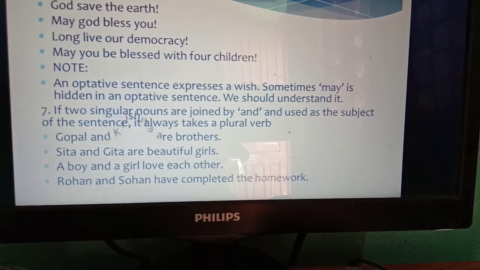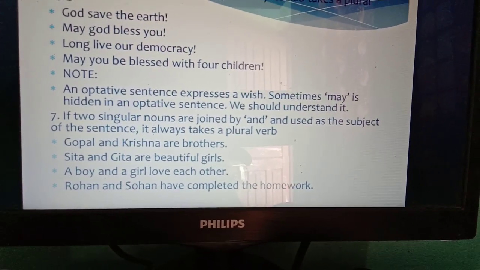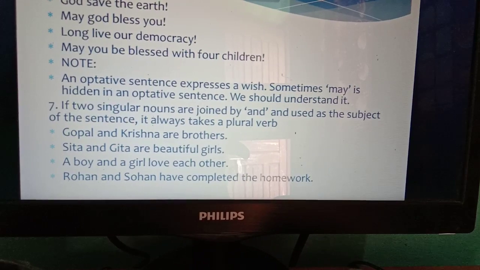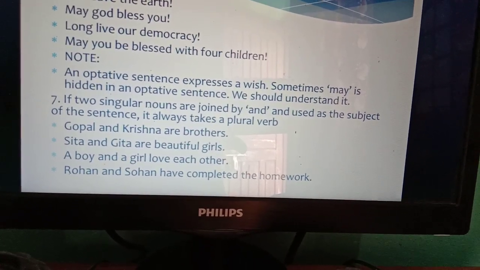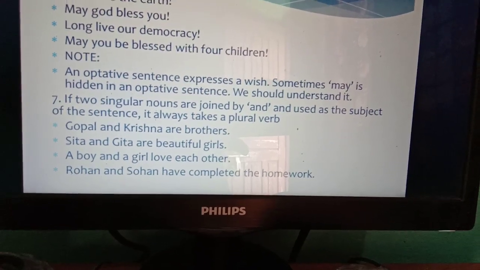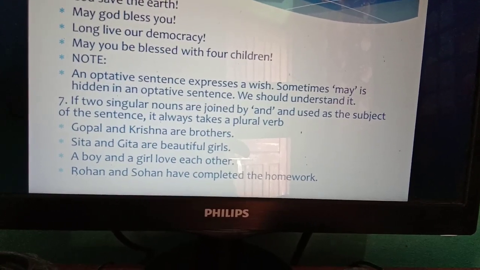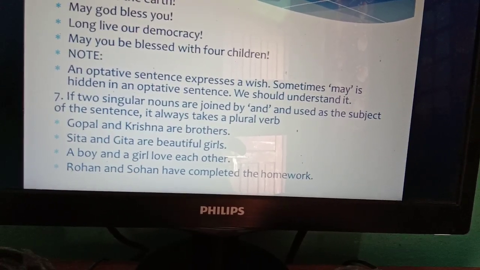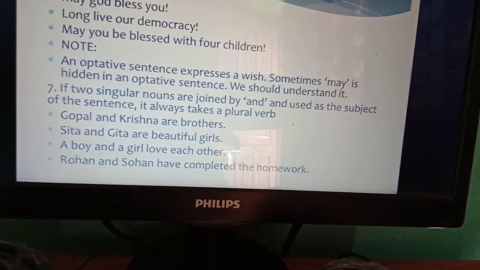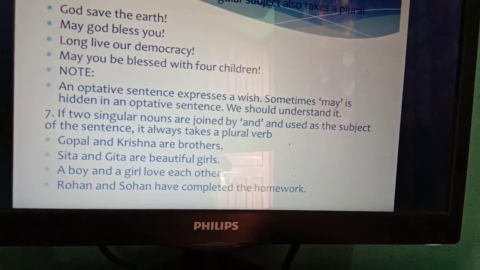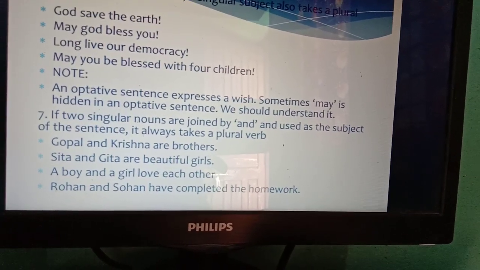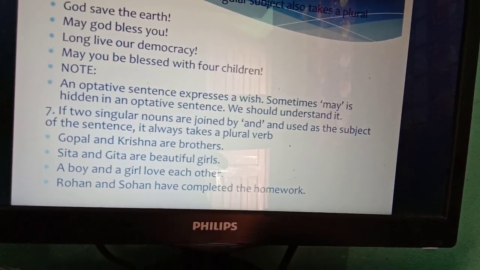For example, Gopal and Krishna are brothers. So Gopal is a singular noun, and Krishna also is a singular noun, but joined by the conjunction and, they are made a plural subject. Therefore, the verb agreeing with it is plural, that is are.